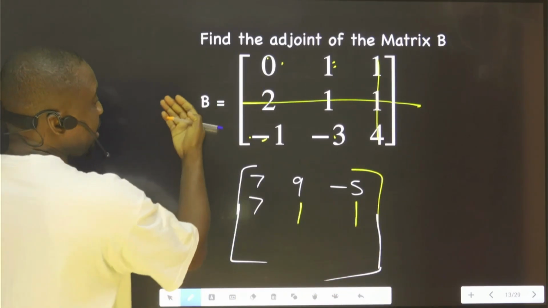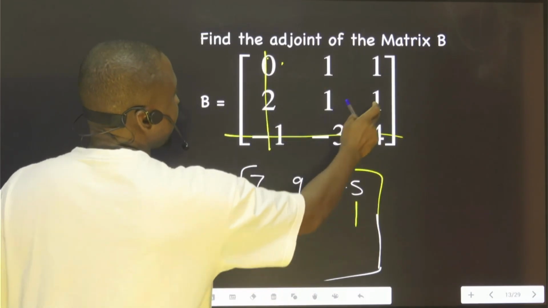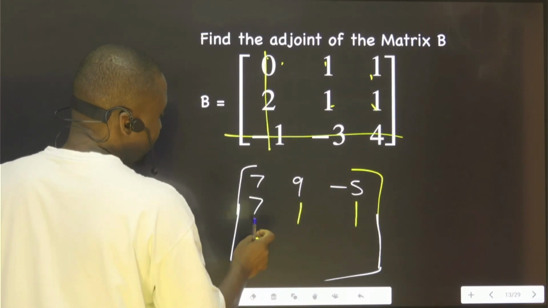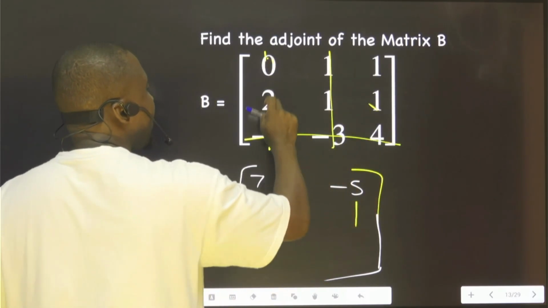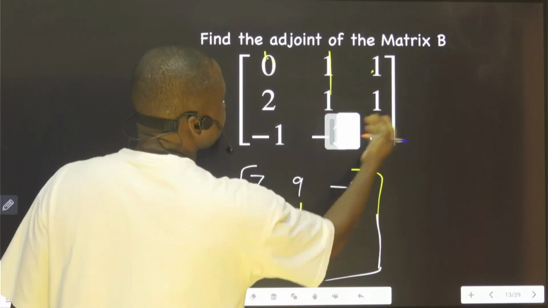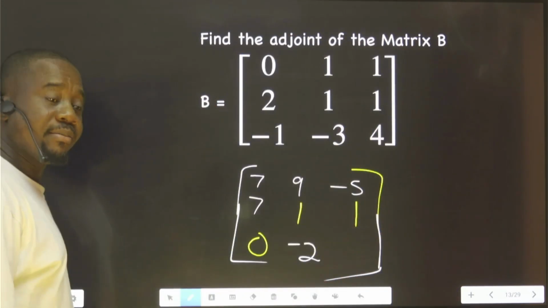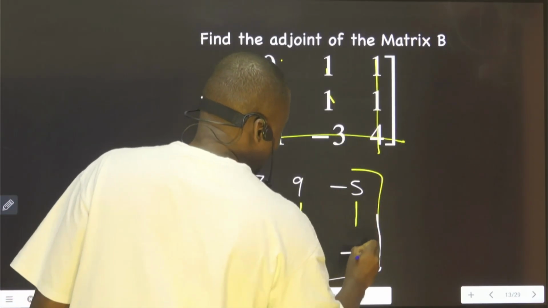Let's continue. For this, 1 minus 1, that is 0. For this, 0 minus 2, that is minus 2. Then lastly, this, 0 minus 2, that is minus 2.